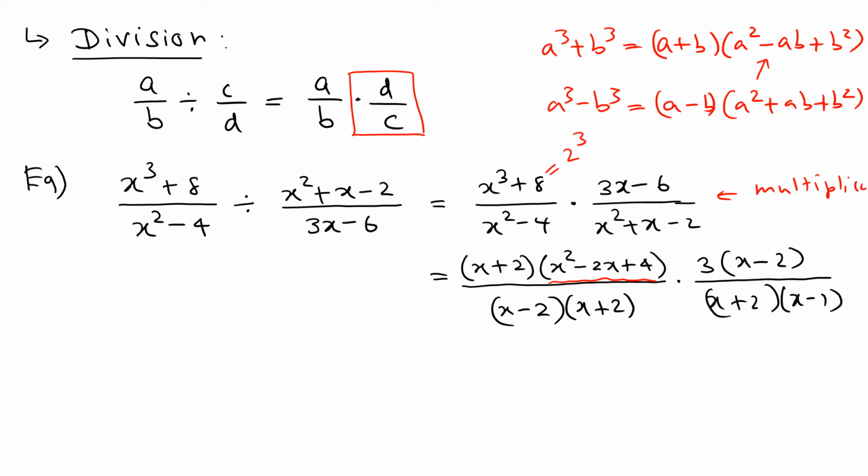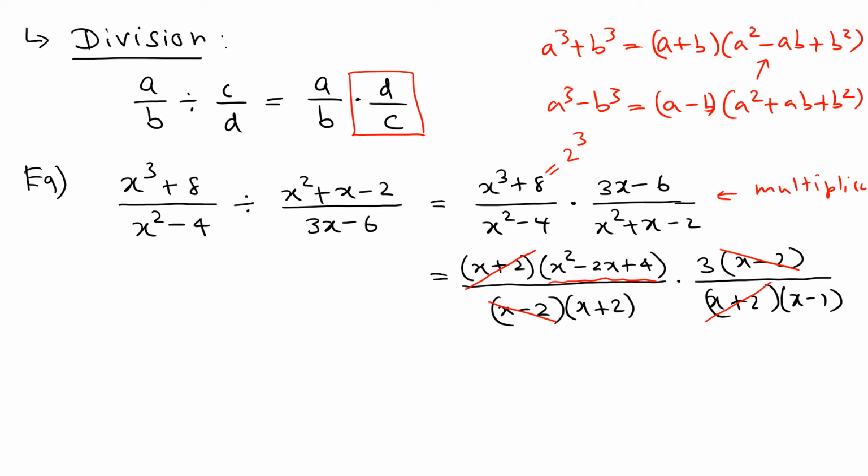If you are not familiar with how to factor things like that, you can look at the video about factoring polynomials, where we discuss all these types. Now we're going to cancel common terms, one from the numerator, one from the denominator. So x plus 2 goes with x plus 2, and x minus 2 cancels x minus 2, and you can see that there are no more common factors.